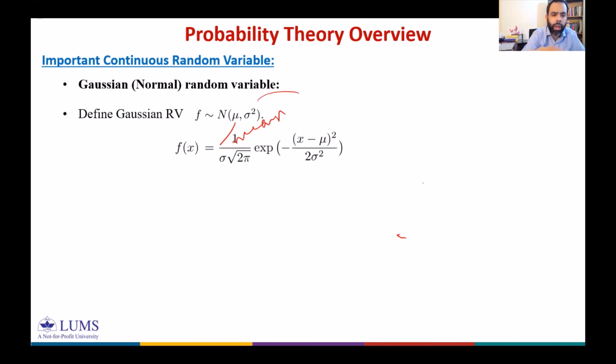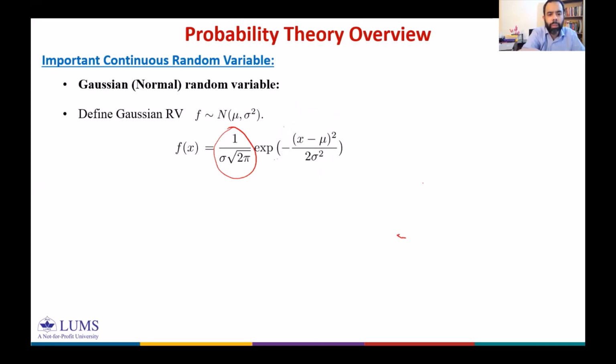And we define the PDF mathematically in this form. We have normalization by 1 over sigma root 2 pi. This normalization ensures that when you take the integral of PDF from minus infinity to infinity, you get 1. And the distribution along x is given by this exponential raised to the power minus (x minus mu) whole square divided by 2 sigma square.